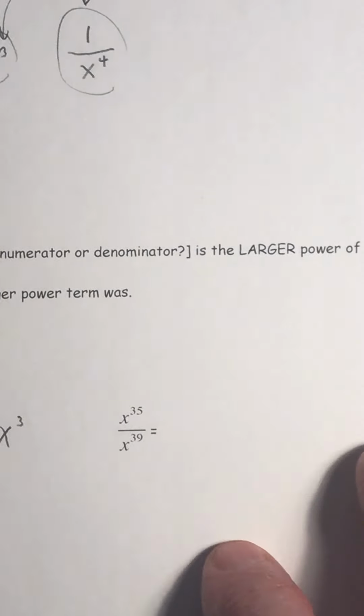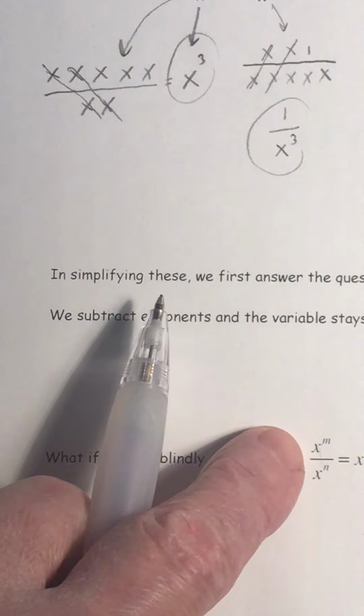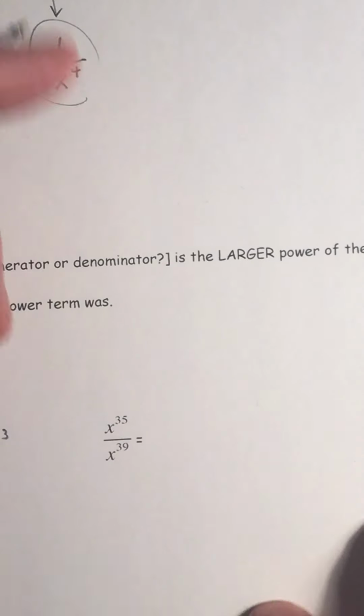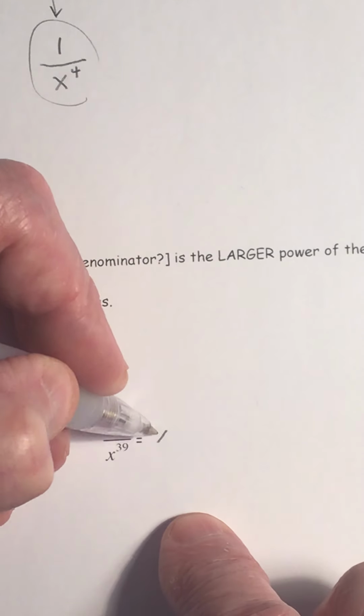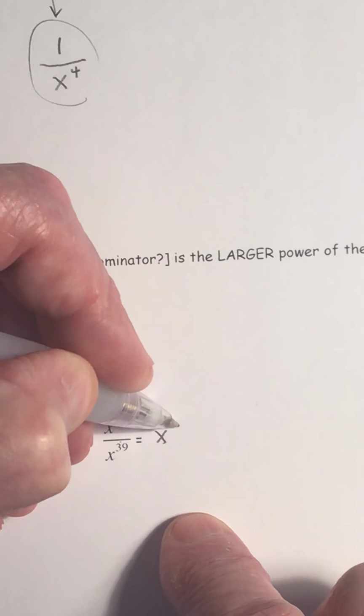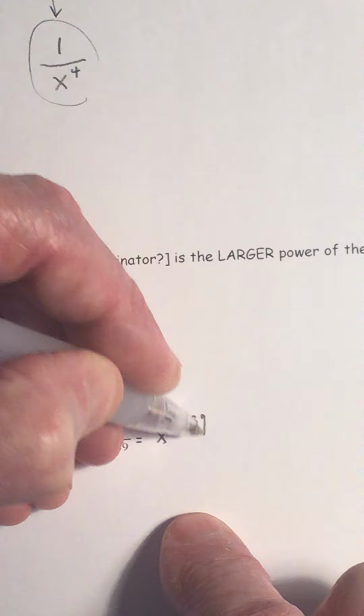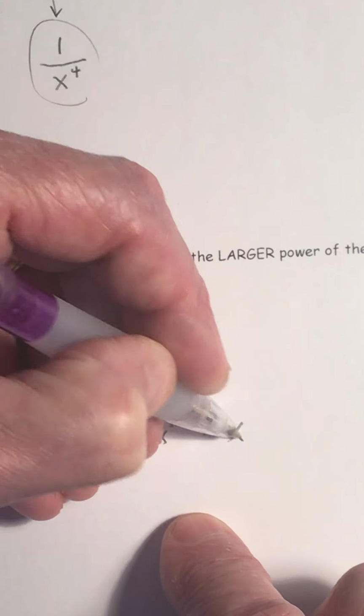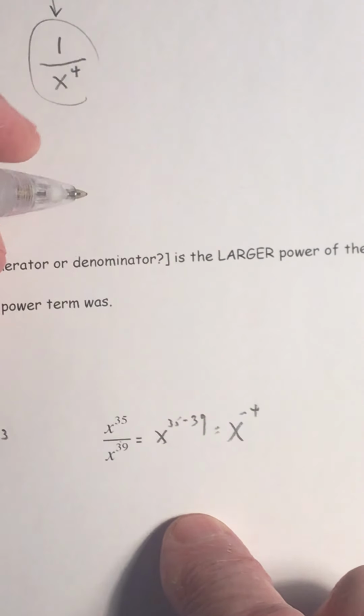But supposing we just use this, top minus bottom exponent, well, we would get x to the 35 minus 39. How much is that? That's negative 4. So everything's okay.